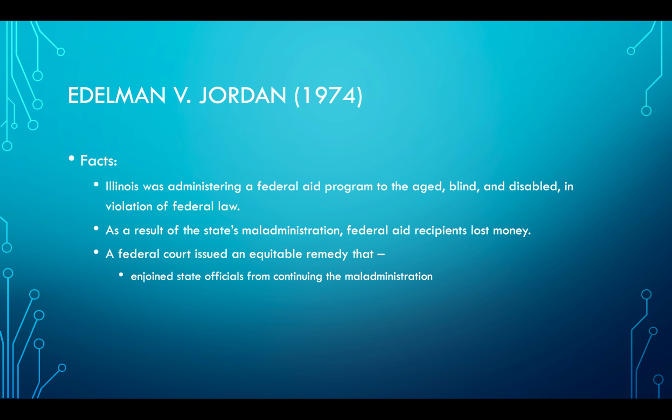So that's one remedy that the federal court issued. A second remedy was the federal court issued a restitution order for the wrongly withheld benefits. So they essentially said the prospective relief is the injunction, but we're also going to award retrospective relief. We're going to say that all of the money that people missed out on because of Illinois' delay in processing applications, the state was going to have to pay back.